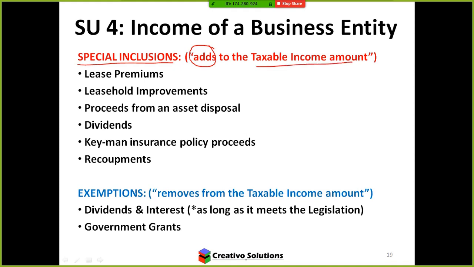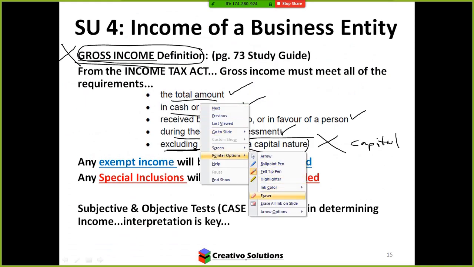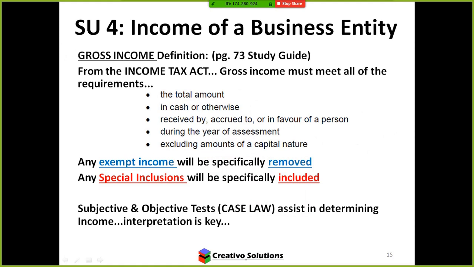Okay, Melanie, do special inclusions meet the definition of gross income? No, they don't. Good. They don't meet the definition, but they are specifically included because of the law.